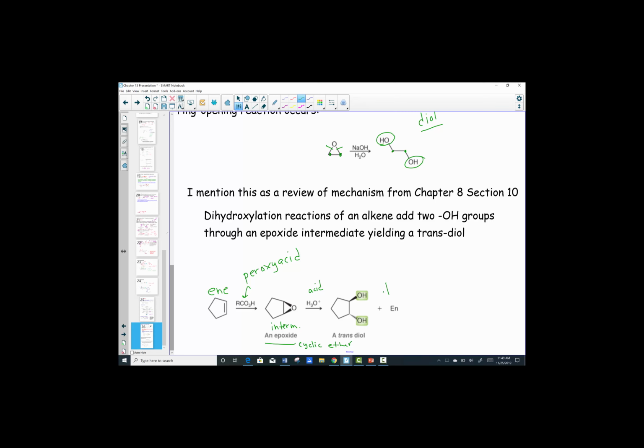We saw that it was a trans diol, so you would have enantiomers form in this cyclopentane group. Cyclopentane diol in the trans position was the yield when we started with cyclopentene. And we're just emphasizing that this went through a cyclic ether intermediate, now known as an epoxide. In the presence of the acid, we open the ring up and create two hydroxyl groups in the trans position.